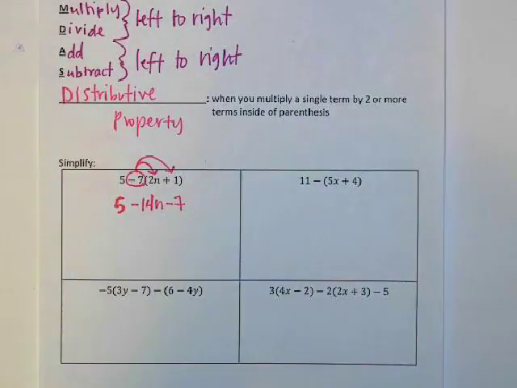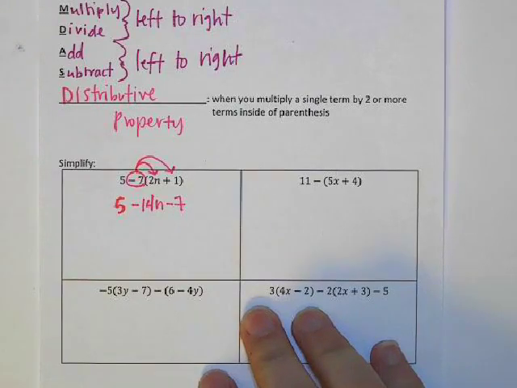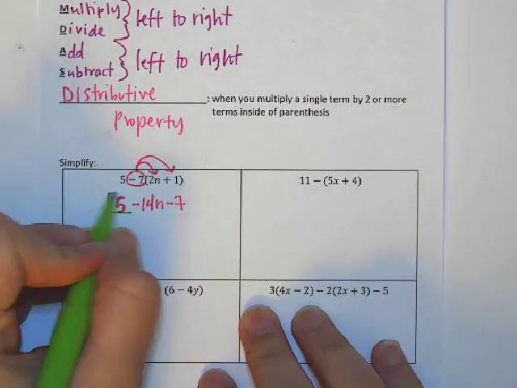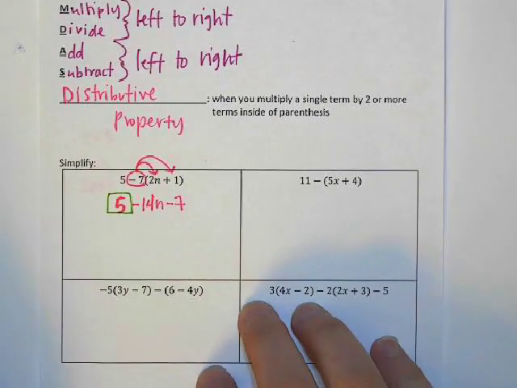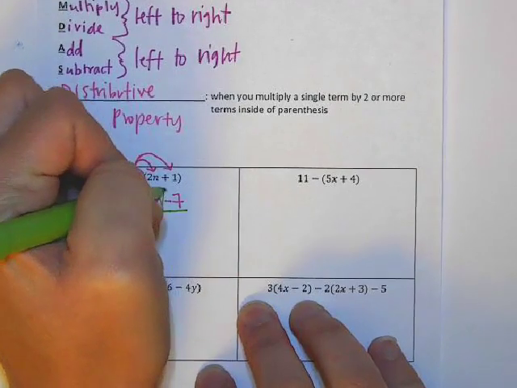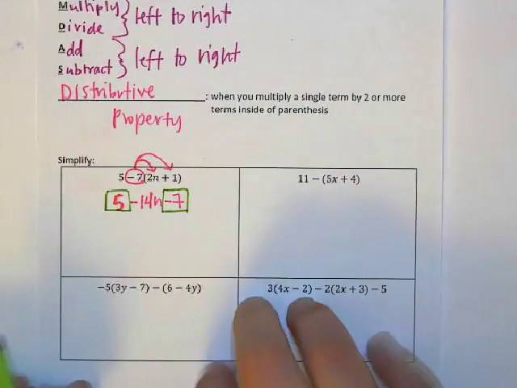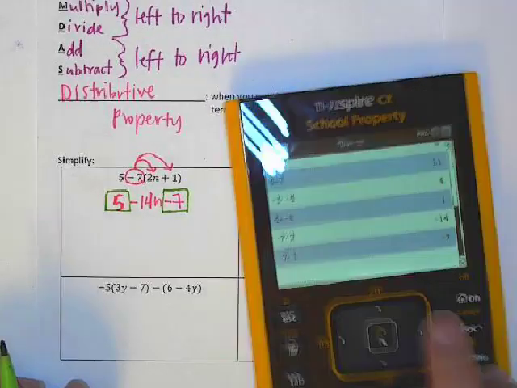Now, can this be my final answer? No. Why? There are two like terms here, right? I've got a 5, and its like term is negative 7. They both do not have a letter, so they are like terms. So in my calculator, I am combining them.